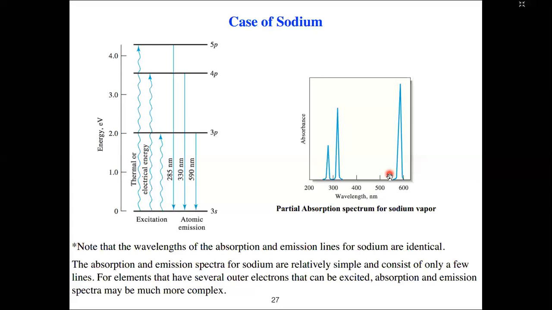Otherwise, it will confirm that your sample does not have sodium in it. That is qualitative analysis. You can also do quantitative analysis, how much sodium is there in your sample, which we'll be discussing in future slides.